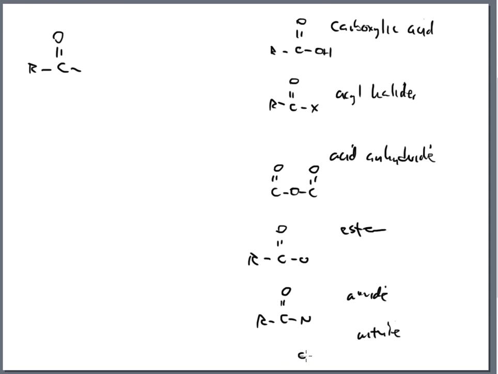A nitrile is a carbon that's triple bonded to a nitrogen. And again, you're probably saying, well, that's not a carbonyl. I know it's not a carbonyl, but it is part of the carbonyl family because we can use the nitrile groups in order to form carbonyl compounds. And that's why we talk about them now.